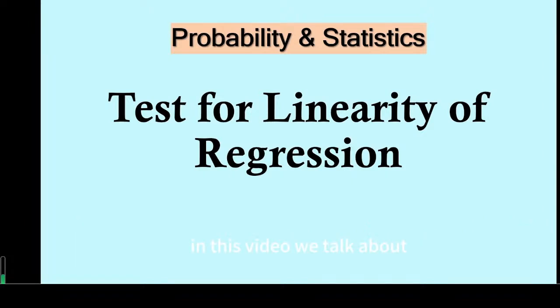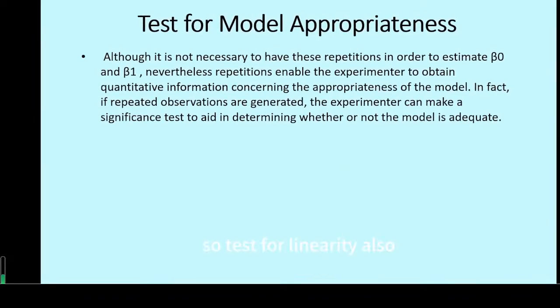In this video, we'll talk about the test for linearity of the regression model. The test for linearity also means the test for model appropriateness. Because in simple linear regression, for example, we assume that there is no second power of the independent variables in the model.